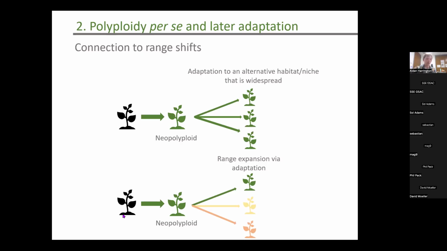So it's not that there's some common environment that's really common globally. It's just that the neopolyploid, for various reasons, has a strong ability to adapt to a bunch of alternative environments. And in both of these cases, you would expect range expansion.